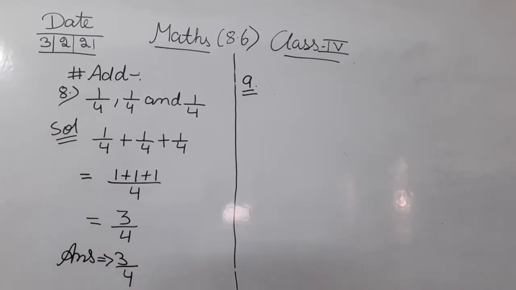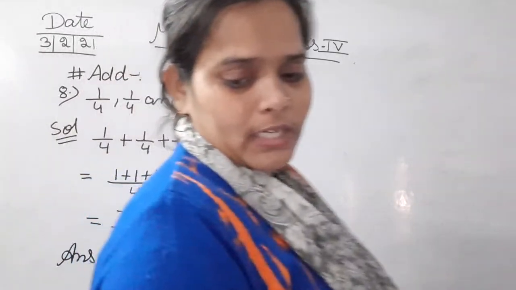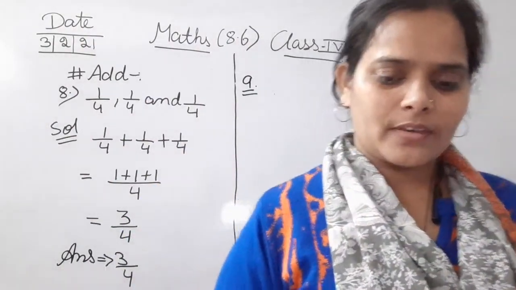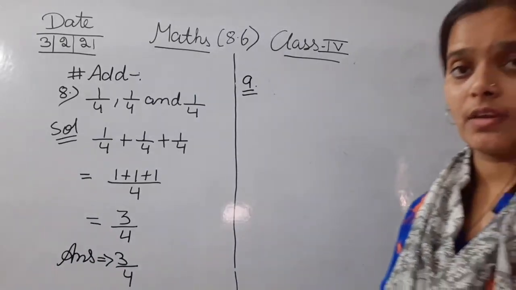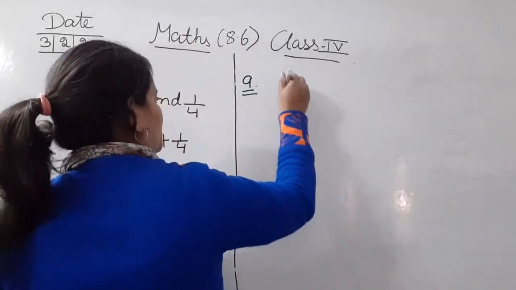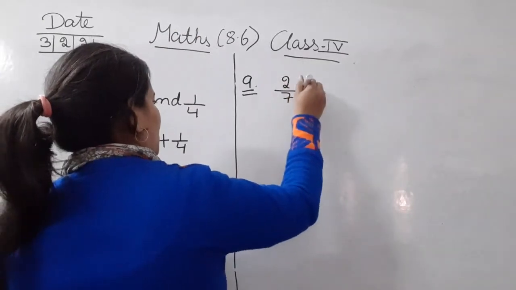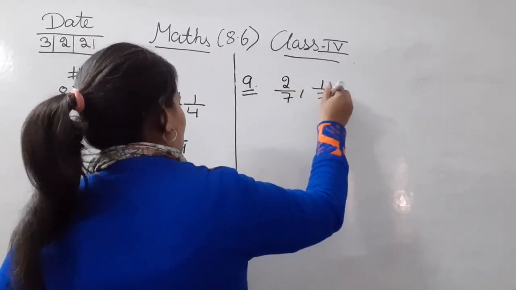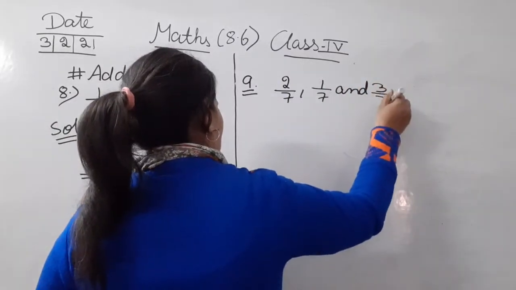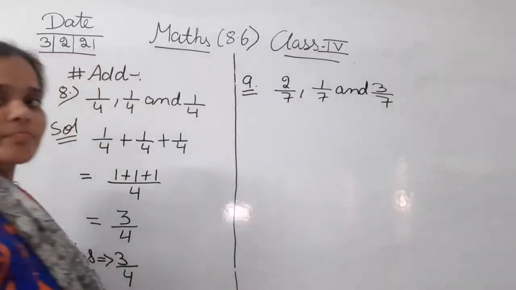So in the question number 9, we have to add 2 upon 7, 1 upon 7 and 3 upon 7.